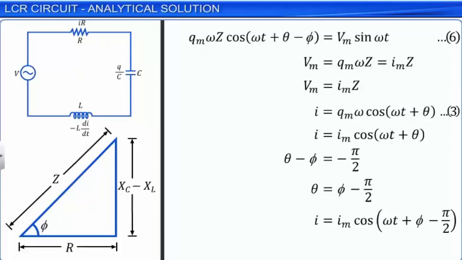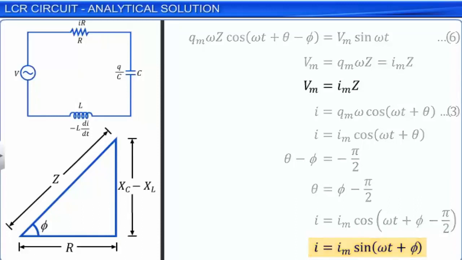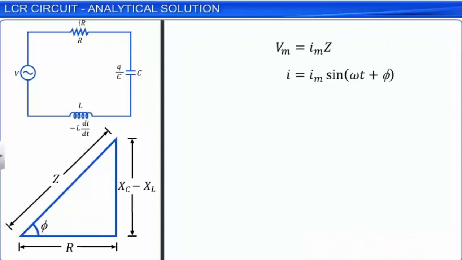To know the maximum value of the current in LCR circuit, we use the equation for maximum current, Vm is equal to Im Z. Substituting the value of the impedance Z, we get Im equal to Vm by under root of R square plus (XC minus XL) square.